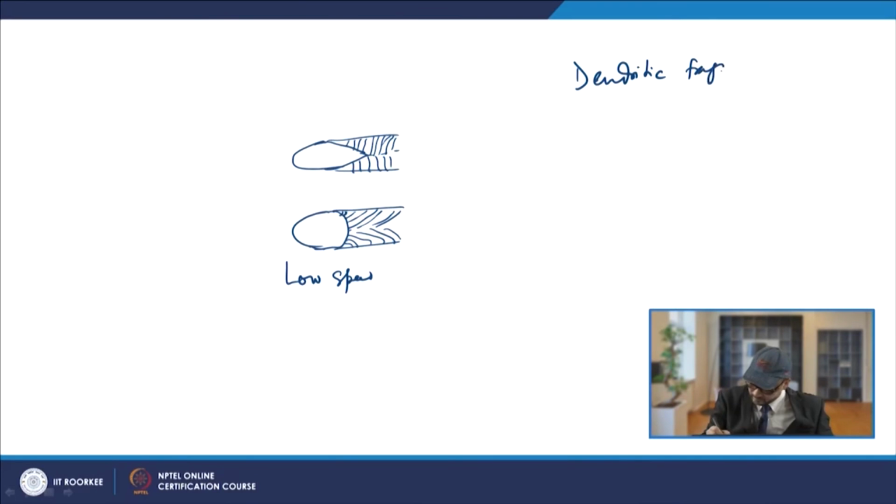So, one is your dendritic fragmentation. Then you have grain detachment also being experienced.